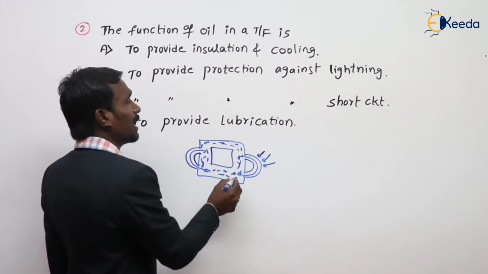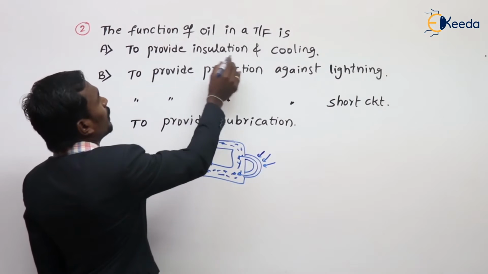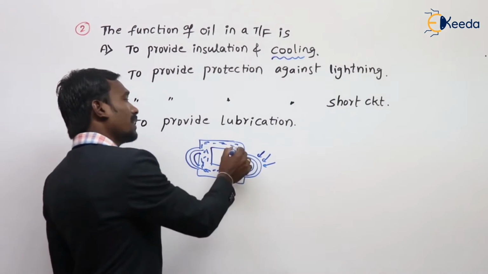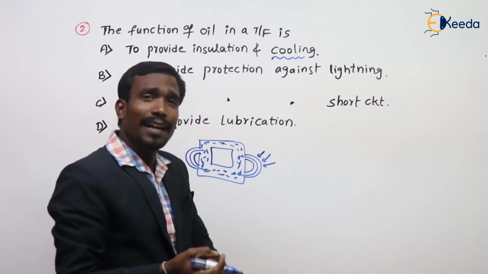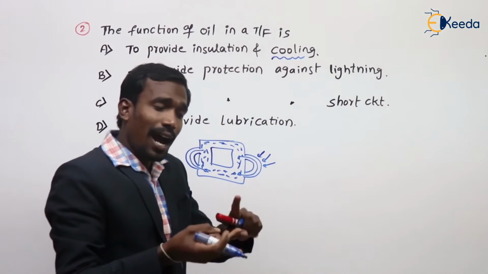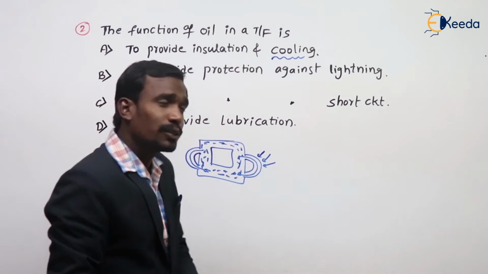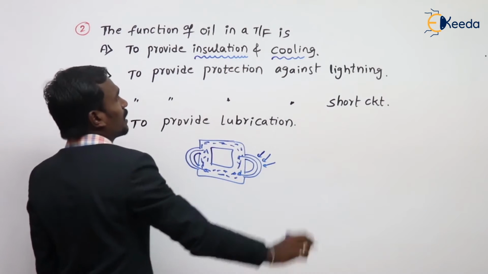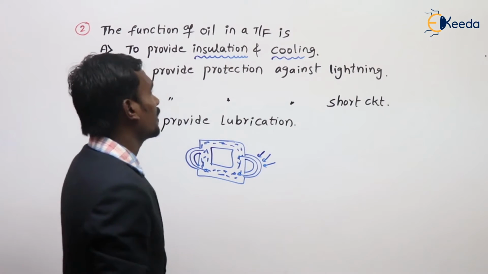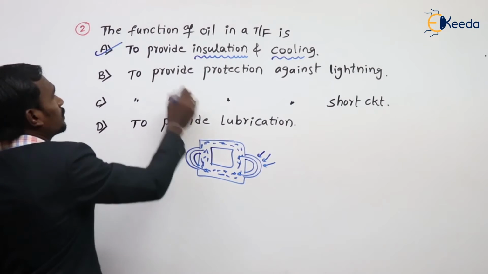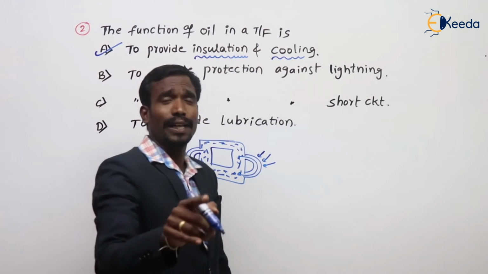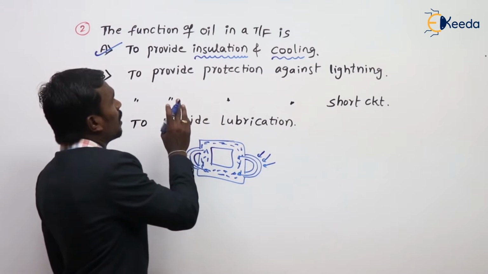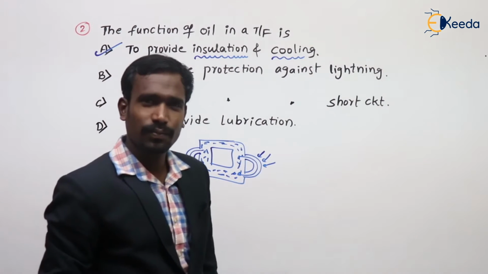So transformer oil is used to provide cooling, and it also has high dielectric strength and high insulating property. That's why it also provides insulation to the transformer. So transformer oil provides insulation as well as cooling. Both are correct answers. This is the function of transformer oil.